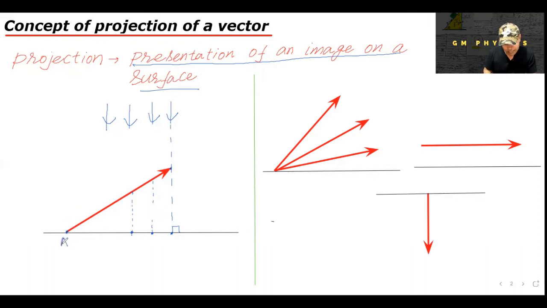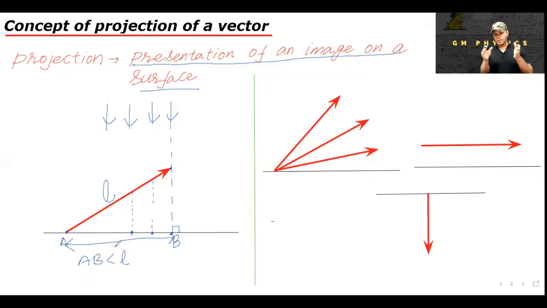Let's call the tail's image A and the head's image B. The entire image of this arrow will be formed between these 2 points A and B, and this will be the image length. AB will be the image length. Suppose the arrow's length is L. The image obtained, AB, will be smaller than L.